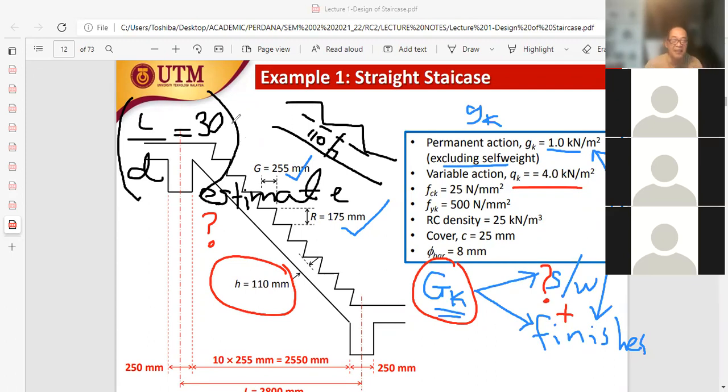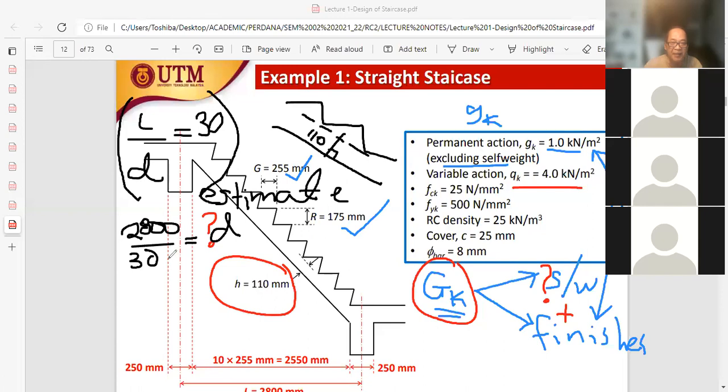Contohnya di sini, we have a span dia berapa sini? Span dia 2800 kan? 2800. Right. So if I were to put in 2800, divided by 30, dapatlah nilai D dia.